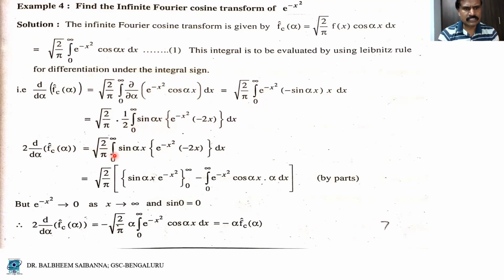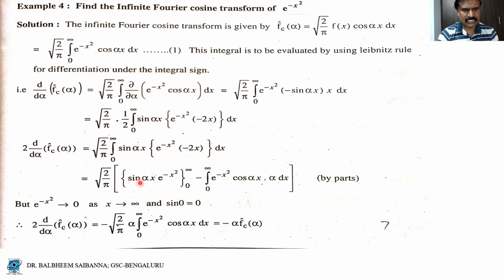So this 2, you take to the left hand side, what you will get? 2 times d by d alpha of Fc cap alpha is root 2 by pi integral 0 to infinity sin alpha x as it is, then e to the power of minus x square times minus 2x dx. So here using integration by parts, sin alpha x is the first function, e to the power of minus x square times minus 2x is the second function.